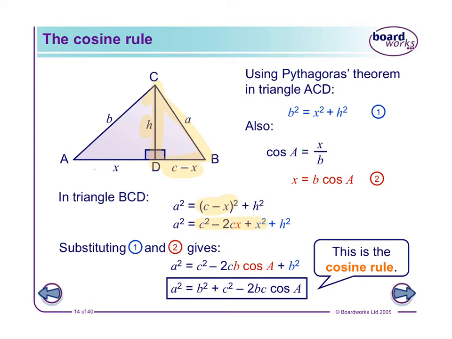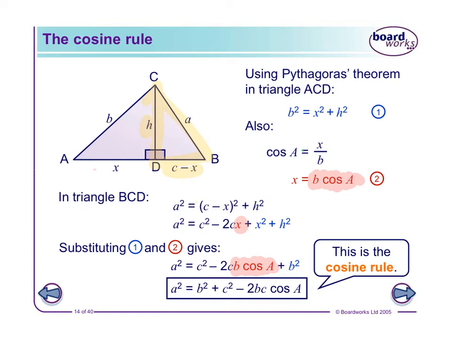We've got to get rid of anything that has X's and H's in, because that was not part of the original triangle. Now I know you think little a, little b, little c weren't either, but they belong with their angles A, B, and C, which were in the original triangle. So wherever we see an X, we can replace it with B cos A. So I see an X in my foiling there, I can replace it with B cos A, because that's from the original labeling of the triangle.